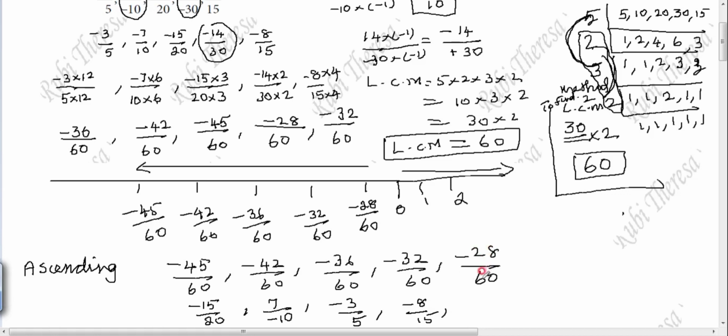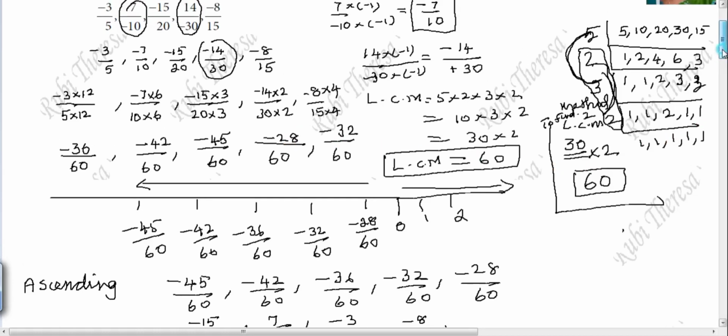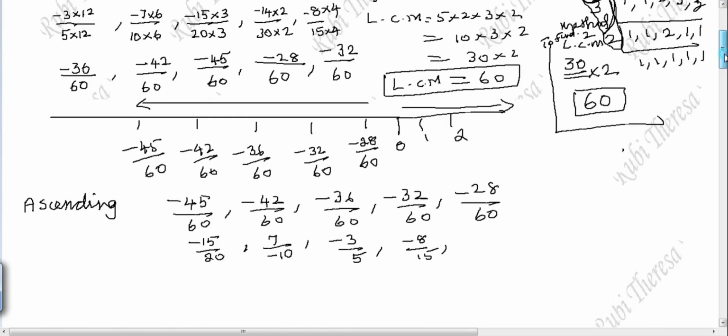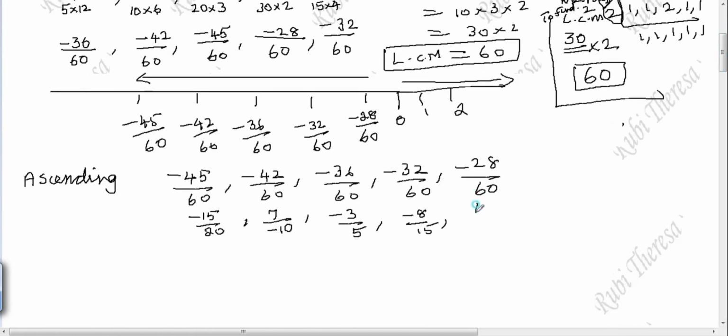Next one, minus 28 by 60, that is minus 14 by 30, but here they have given 14 by minus 30. So this is ascending order, smaller to bigger.